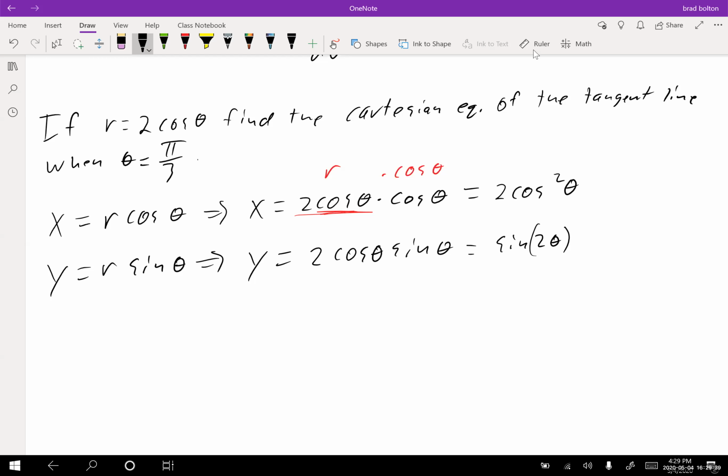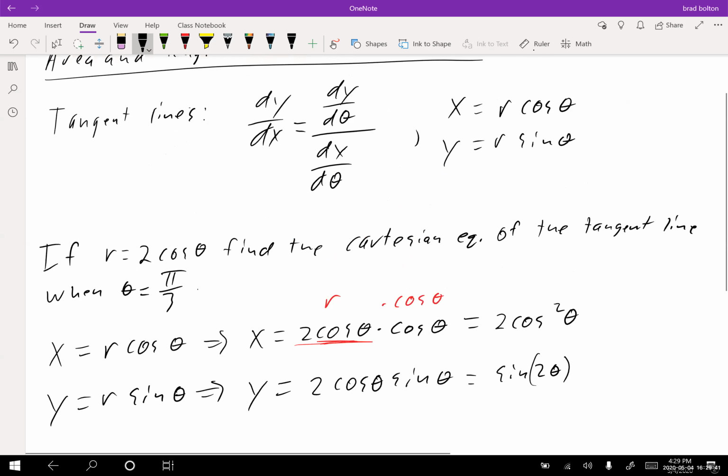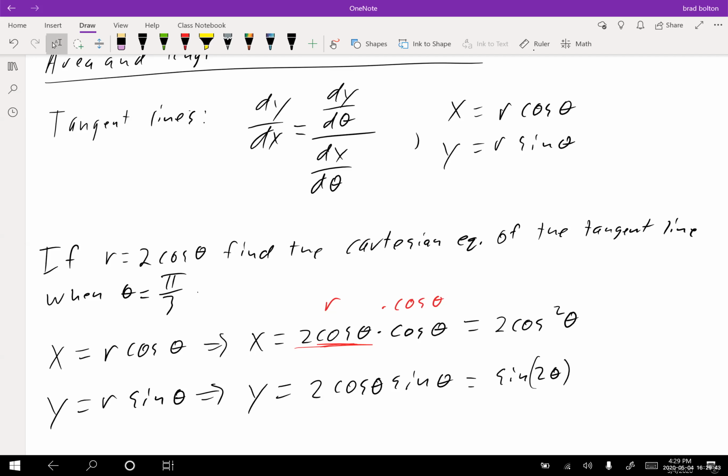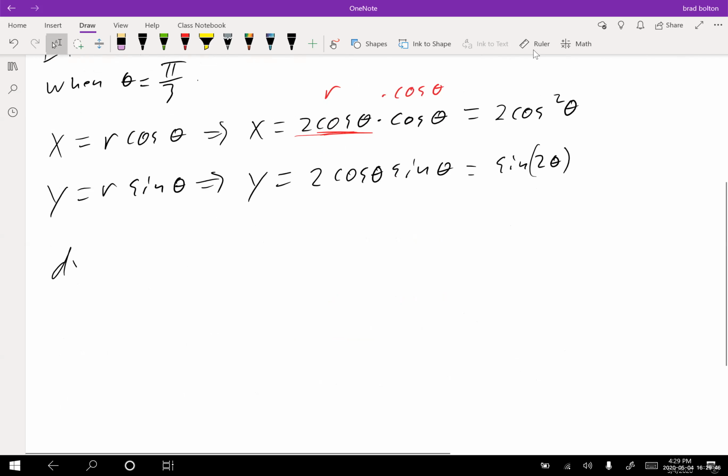So in order to find the derivative, I'm going to do what I did with parametric equations. I'm going to do dy/dθ. So dy/dθ is equal to the derivative of sine of 2 theta. So let me do d/dθ of y equals sine 2 theta.